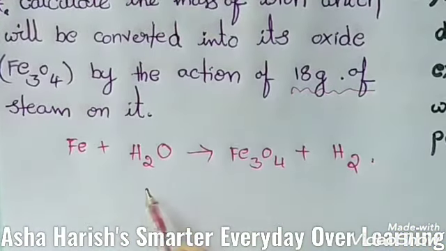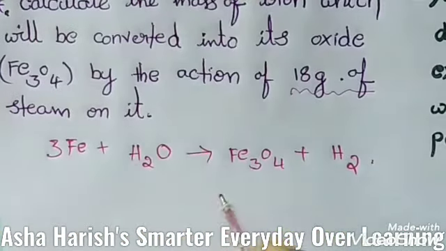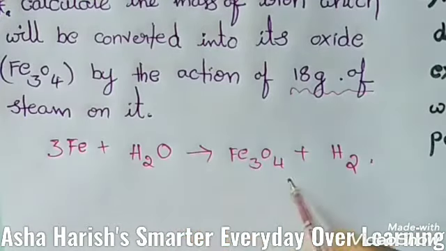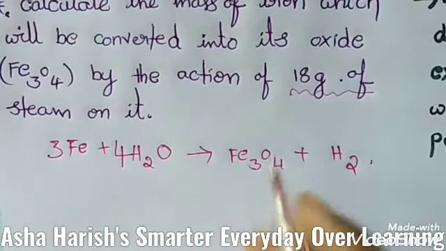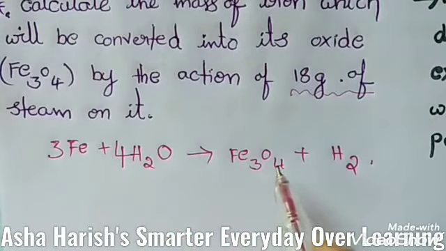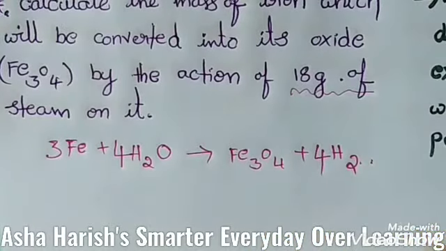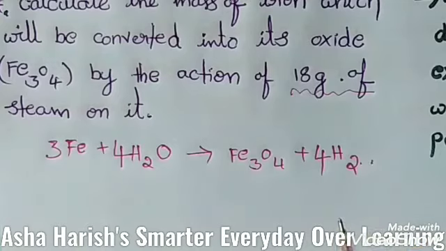Here only one iron, here 3 irons, so if you place 3 here and 4 here, coming to oxygens, here 4, so if you place 4 here, then here 4, it is equal. Now students, here also 4. Now all the atoms on the sides of reactants and products are the same.